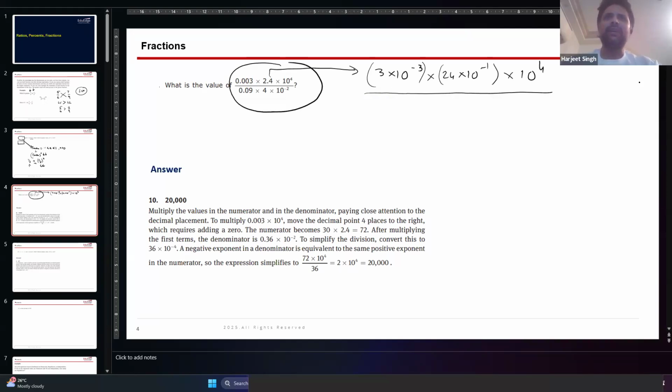And then I divide this by the denominator: 0.09 is 9 into 10 to the power minus 2, and 4 as is into 10 to the power minus 2 as is.